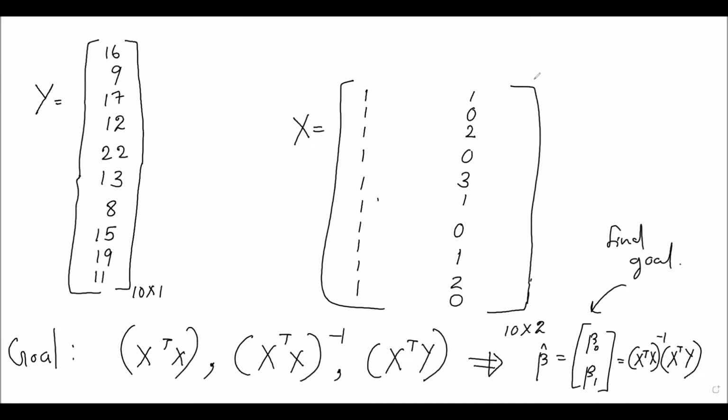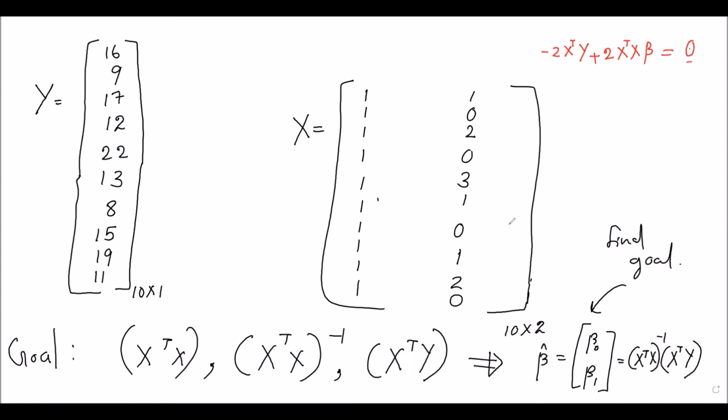I hope you understand this. I'll put T here instead of a dash. So what we do here is we equate this to vector 0.